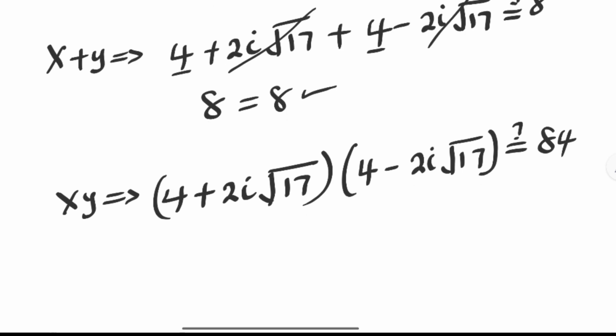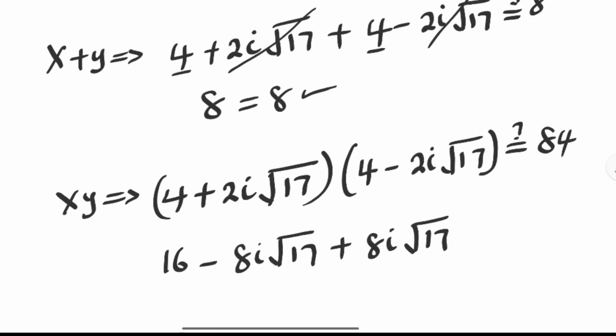4 times 4, this is 16, minus 4 times 2i root 17, that is 8i root 17, plus 2i root 17 multiplied by 4, that is 8i root 17, minus 2i root 17 multiplied by 2i root 17.